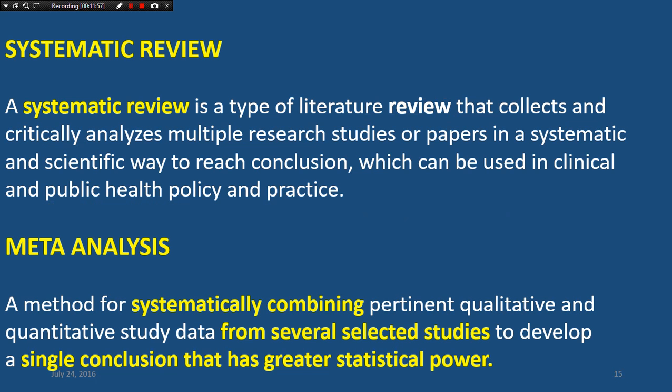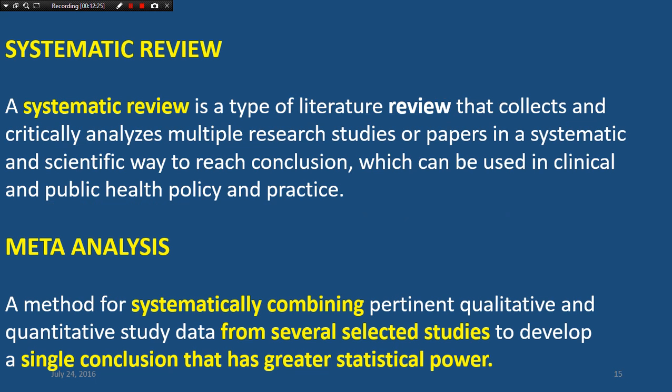Another type of study design is meta-analysis. Meta-analysis is a method used for systematically combining study data from different studies. I told you in systematic review we are critically analyzing the study finding from multiple research in a systematic way.